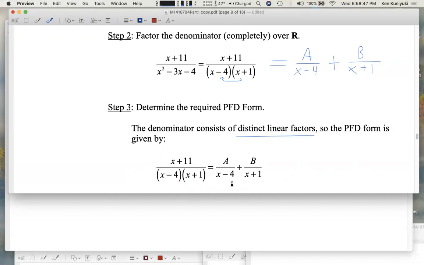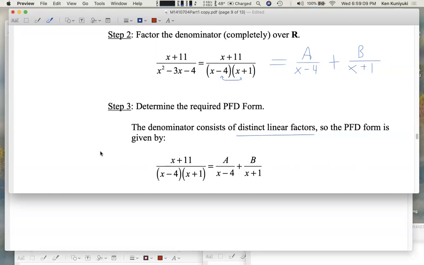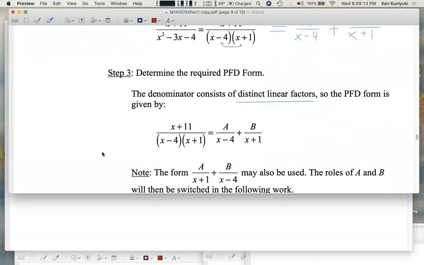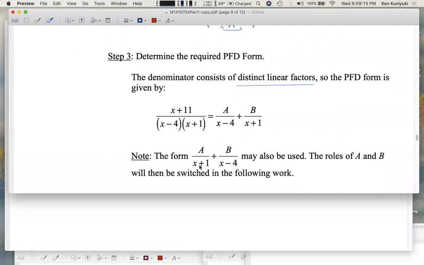But once you decide on a scheme, stick with it. So this is one argument against copying your friend's work, which you shouldn't really be doing anyway. You want to be careful about copying other people's work because, again, your A might be their B and your B might be their A. All right. Now, again, as I said, you can switch these bottoms. There are different ways of writing the PFD form.